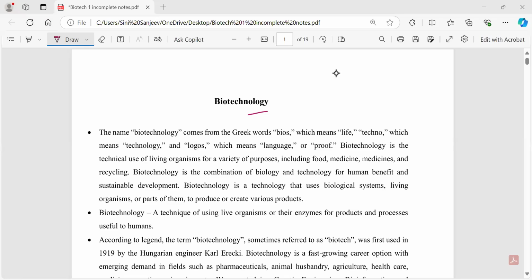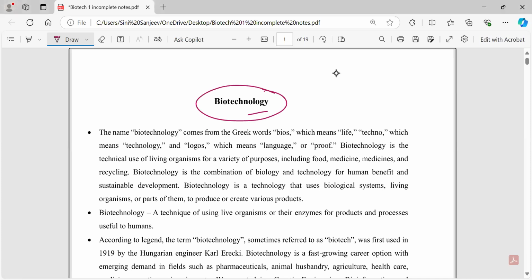Okay, so today we are going to see the chapter of biology, biotechnology, principles and processes. In order to know this chapter, you need to know a few terms. First of all, what is biotechnology?